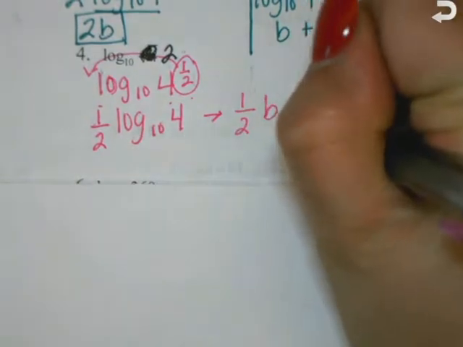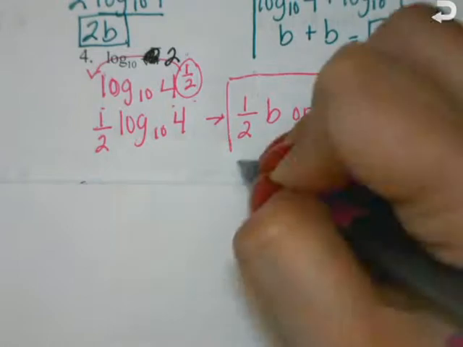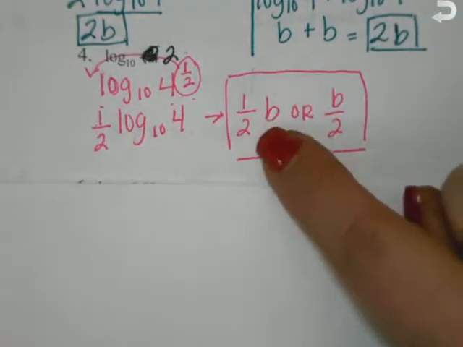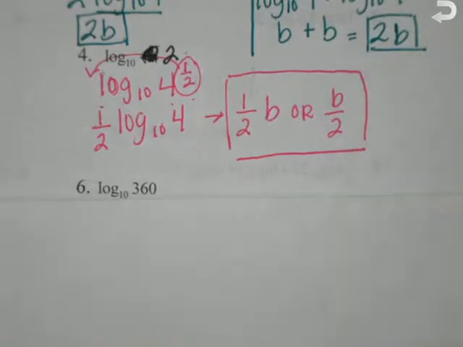I'll accept either one. If you like 1/2 B, give me that. If you prefer to not have a coefficient in front of the B, write it as B divided by 2. They're exactly the same, and both of those are considered a simplified answer. So you can never change the value of what's inside the log. You just have to use the numbers that you are given to rewrite it, the same number.